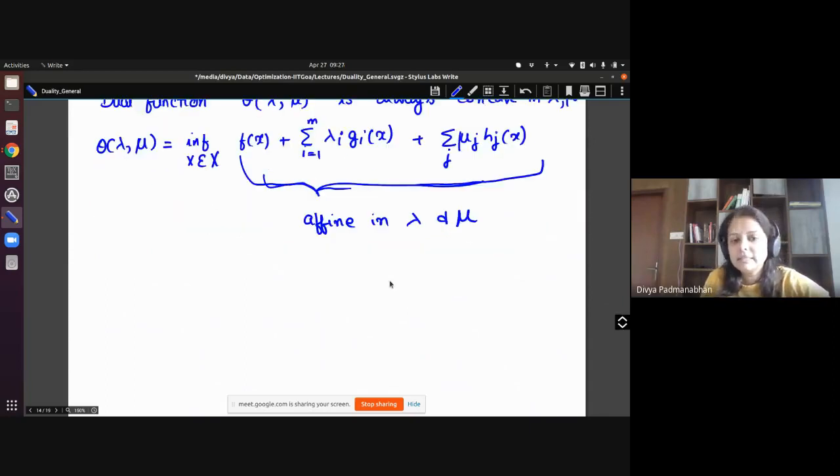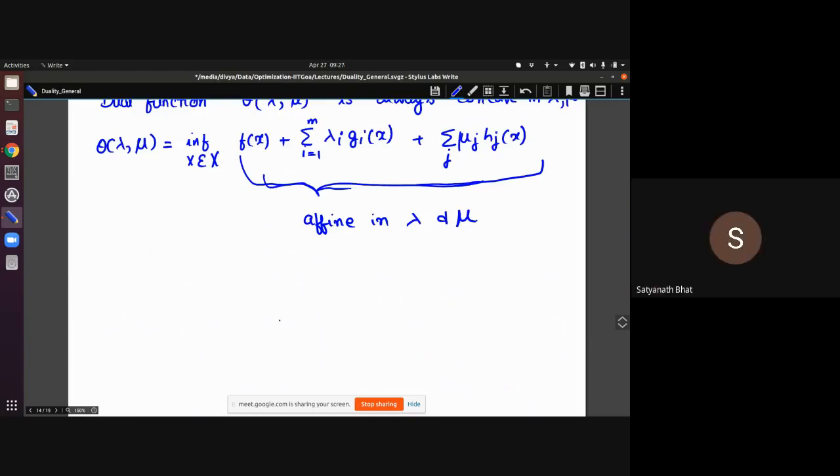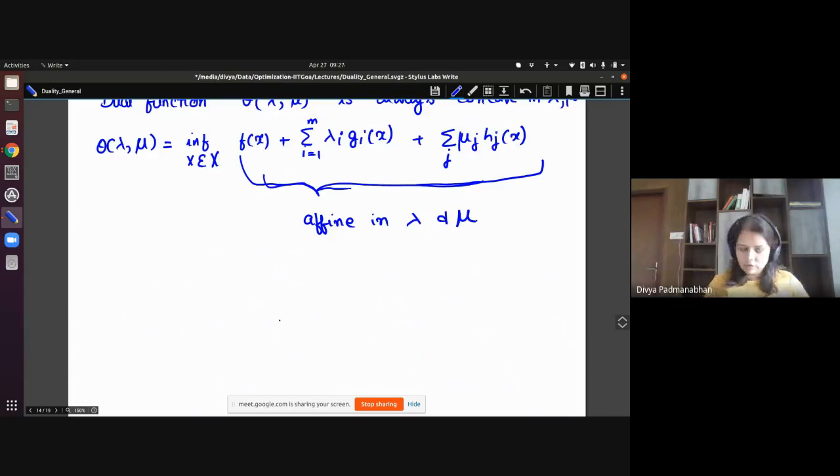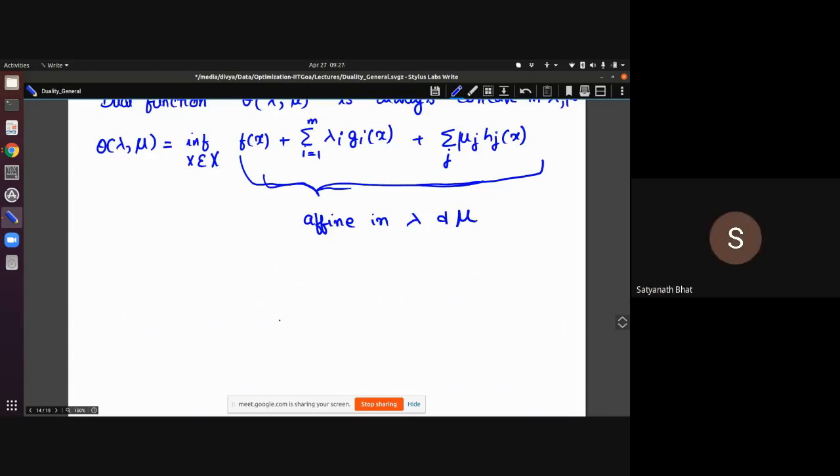Okay, so let's just take one small example, just to give you an illustration of what the inf would be. So this is not just linear. I mean, affine is okay, but it's also convex as well as simultaneously concave. Yes, it's convex as well as concave, because linear is on the boundary of that condition.